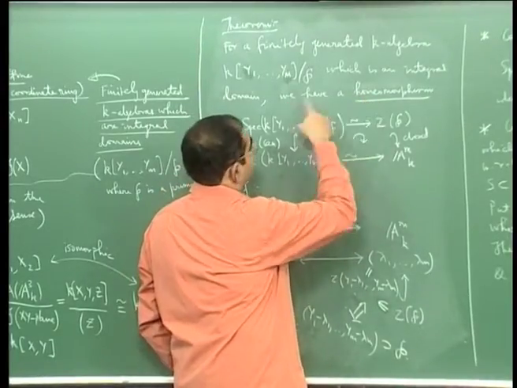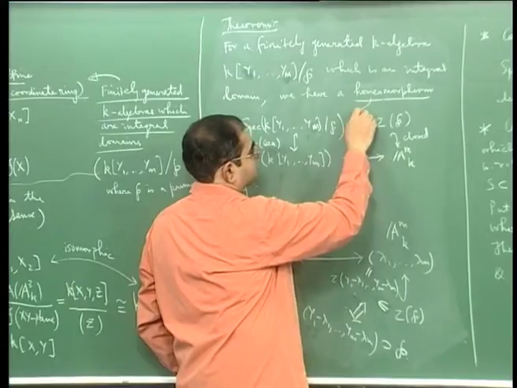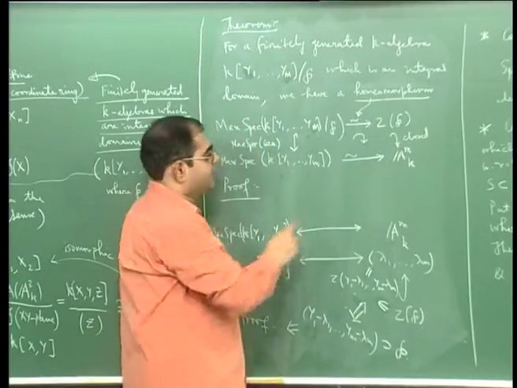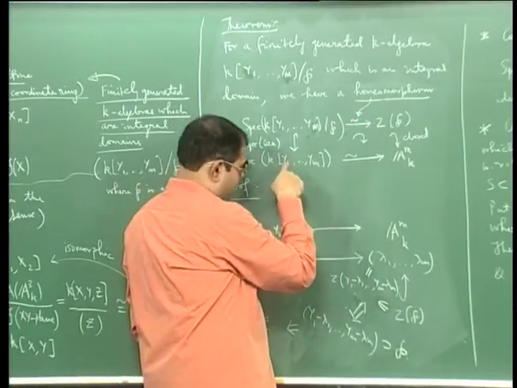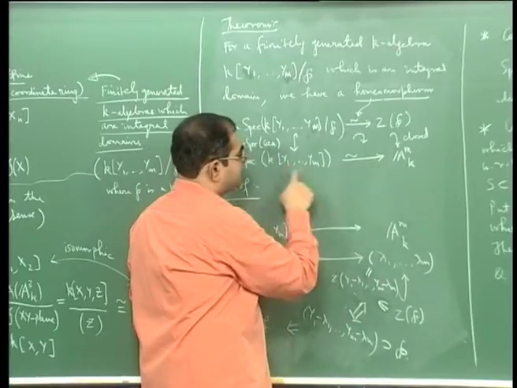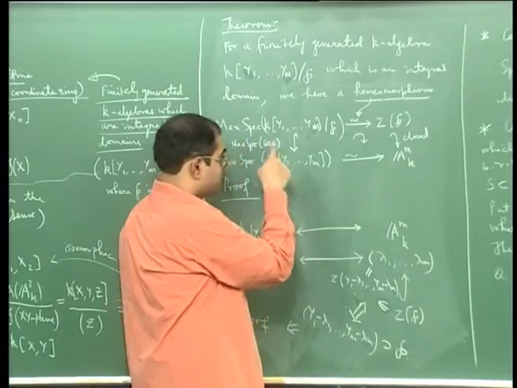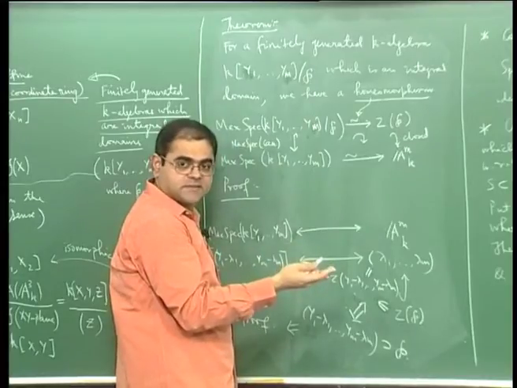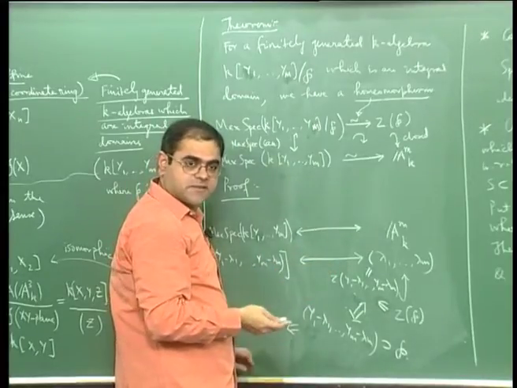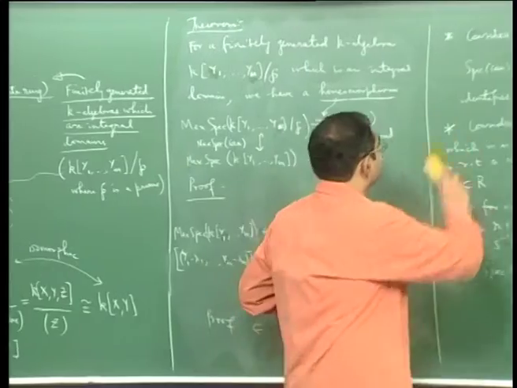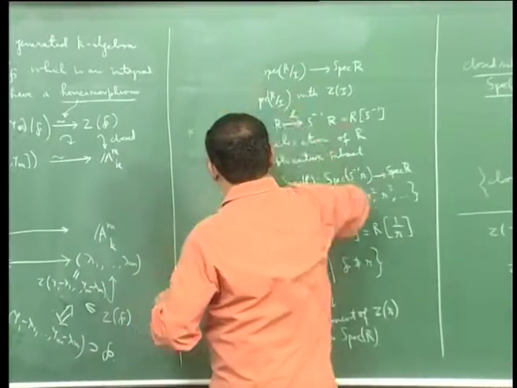So the homeomorphism I am talking about is this one, okay. Let us first show that this bijective map, which is the Nullstellensatz, is actually a homeomorphism. That's also pretty easy to see, okay. So let me do that first.